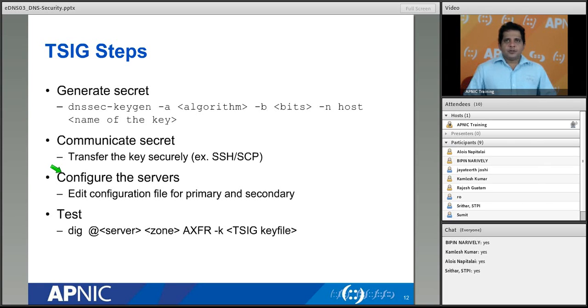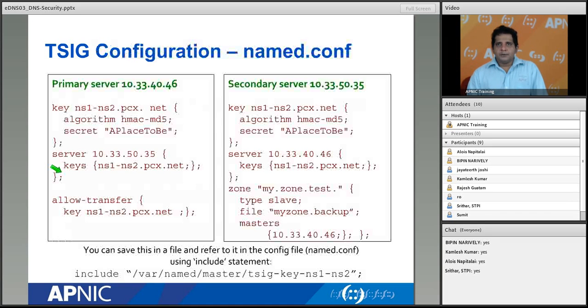If you're talking from a BIND perspective, we are talking about the named.conf file. So the configuration goes there, right? And then once the configuration is done, of course, we can do some testing. Dig is one of the utilities where you can easily do quite a lot of testing. Dig comes with the software as well.